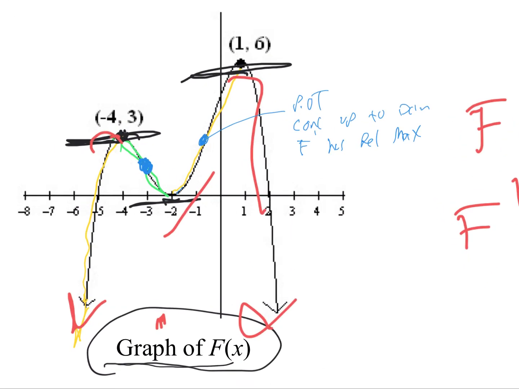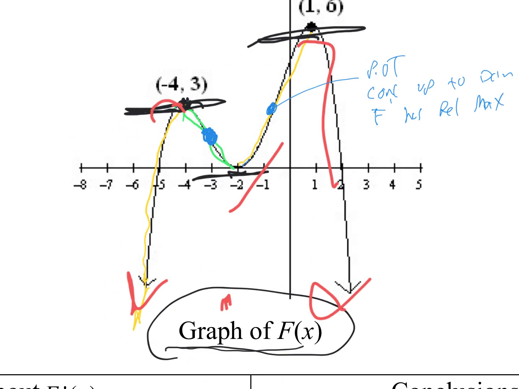It's the other point of inflection. It's right here. This is where f prime has a relative min, because f was concave down, right here, and then it switches to concave up.